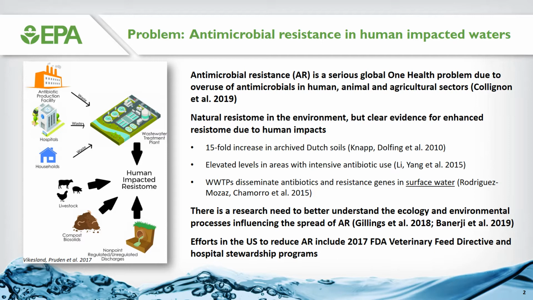It is unclear whether increased abundance of ARGs in the environment is simply a result of fecal contamination from human and animal agriculture, or if antibiotics in the environment are selecting for resistant organisms, or if ARGs are transferred between bacteria and the environment. There is a research need to better understand the ecology and environmental processes influencing the spread of AR in the environment.